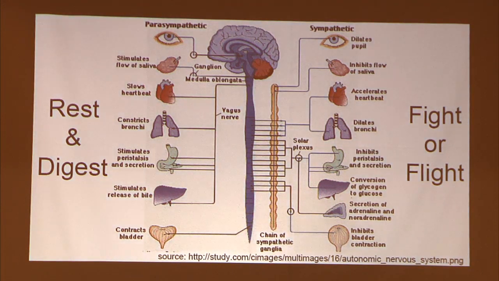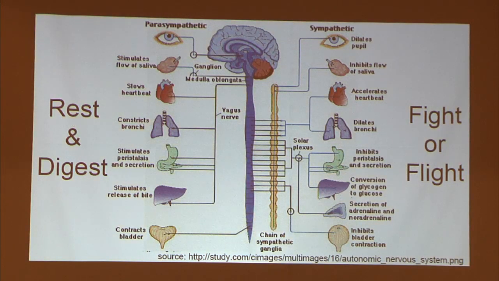So this is the autonomic nervous system section of your peripheral nervous system. Specifically, that's broken up into parasympathetic and sympathetic. Anyway, parasympathetic is usually shortened to rest and digest.